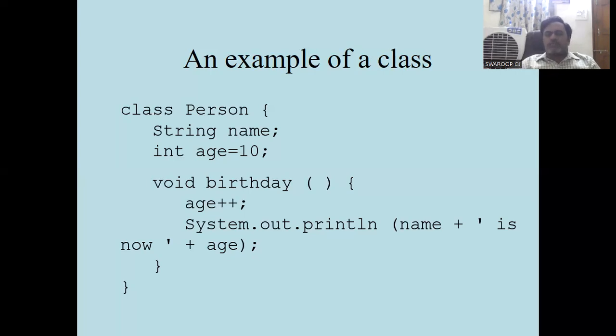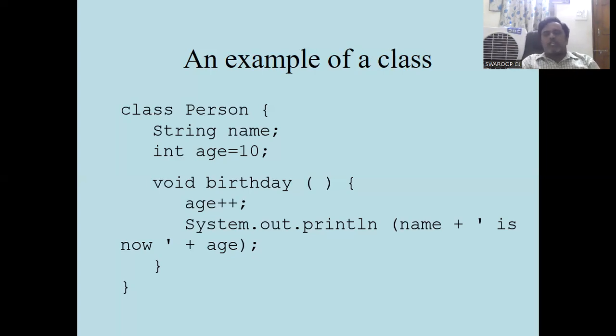So what is the output here? Name is, now, and so age is. So here, what is the age? 11 years. So what are we doing in the method here? First I have given the name variable. I didn't give any name for this one. I have given the age as 10, incrementing the value of age in the method and displaying.